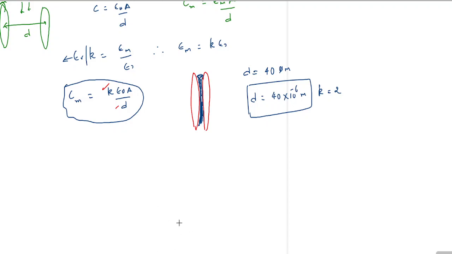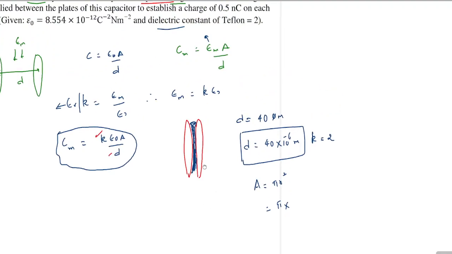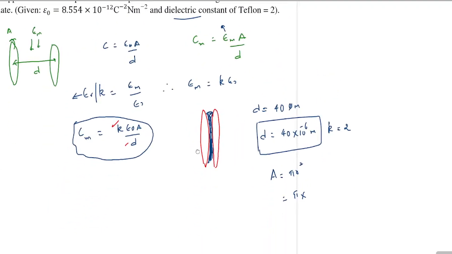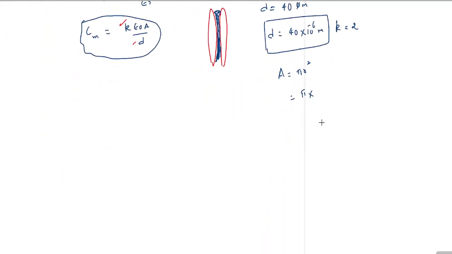Let us find A. A means the area of the plates, and since these are circular plates, the area is given as pi r square. The radius r here is given as 1.38 centimeter. Keep in mind, it is 1.38 into 10 power minus 2, the whole square.